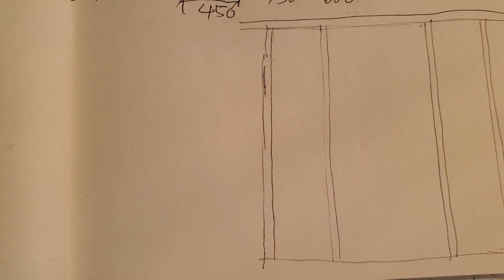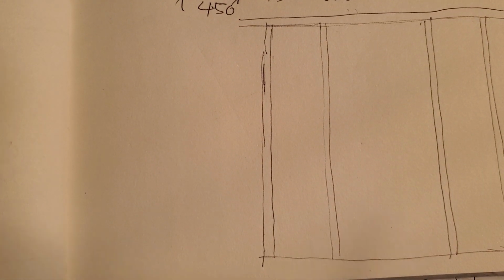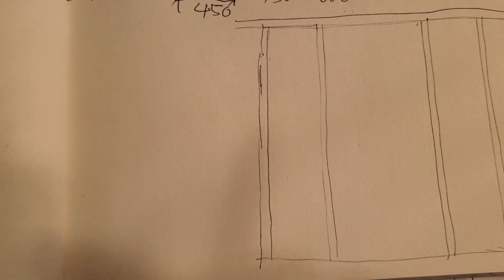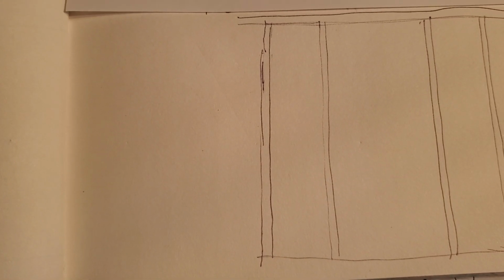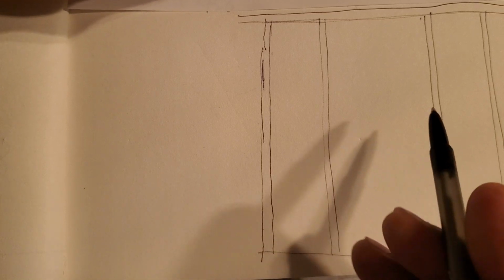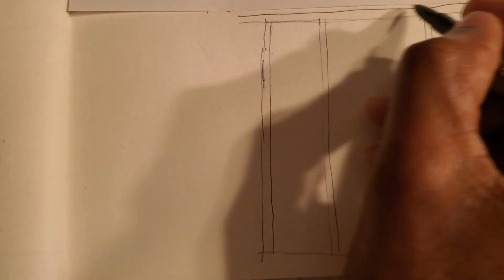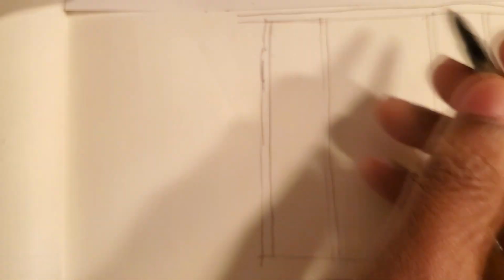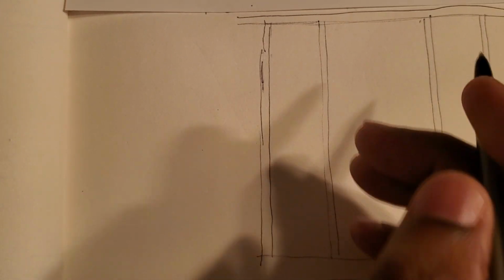And top plates are normally in pairs. Remember now that the top plate is normally in pair. This is normally double.